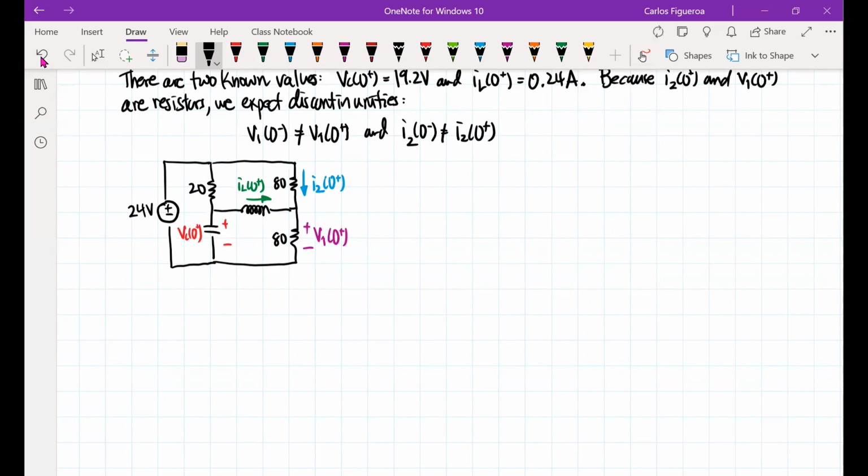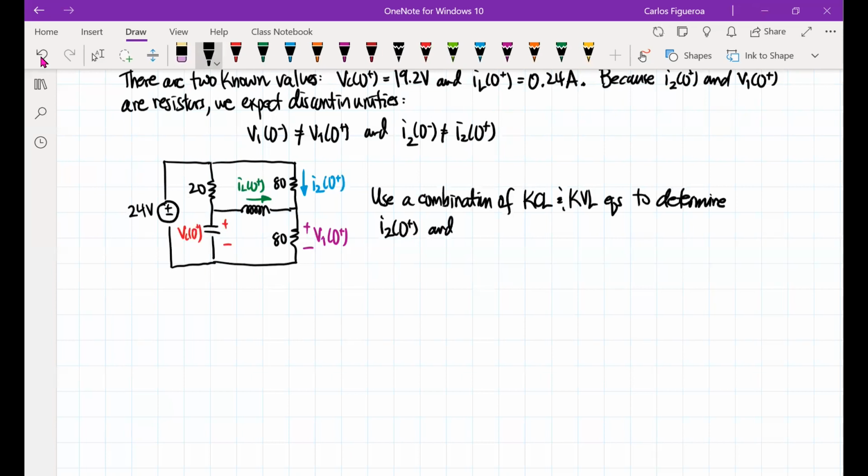In order to solve for these quantities, it's customary to think about this by setting up two equations. So we're going to use a combination of KCL and KVL equations to determine I2 of 0 plus and V1 of 0 plus.